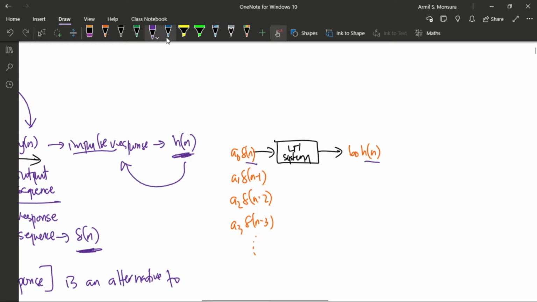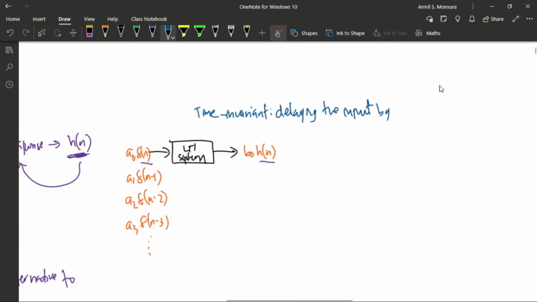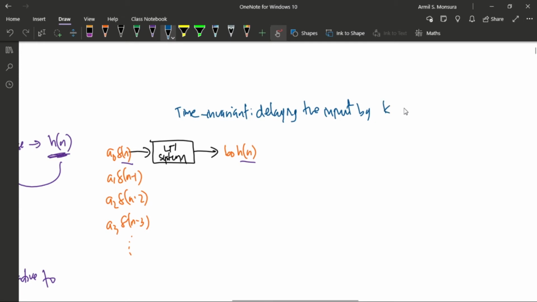Okay, tandaan, if the system is time invariant, delaying the input by k samples delays the output by the same amount.